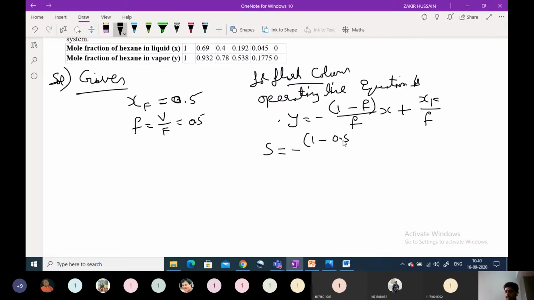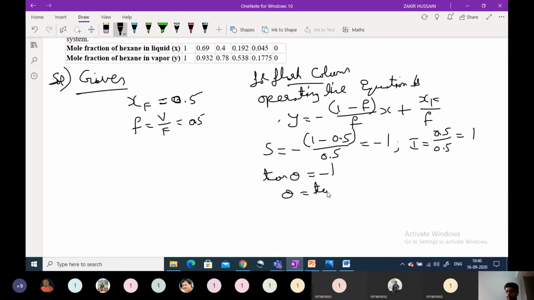Small f is given as 0.5, so this is also 0.5. 0.5 divided by 0.5 is 1, so the slope is negative 1. Then the intercept is equal to xf, 0.5, divided by small f, also 0.5. This is 1. Now this slope value we equate to tan theta is equal to minus 1.